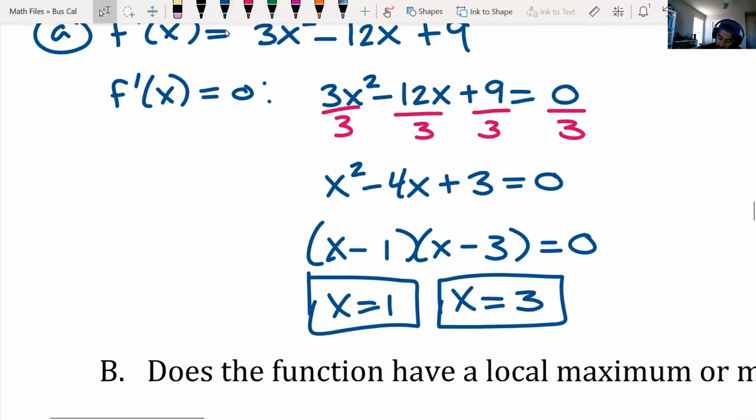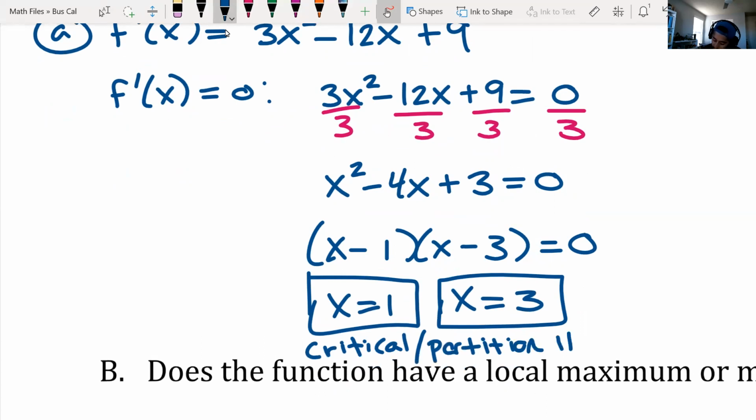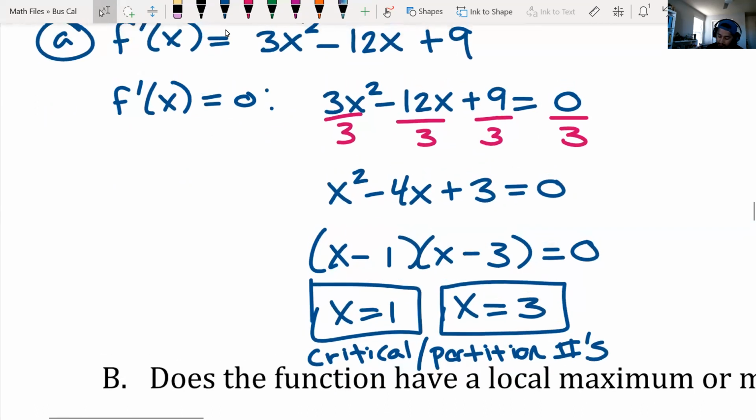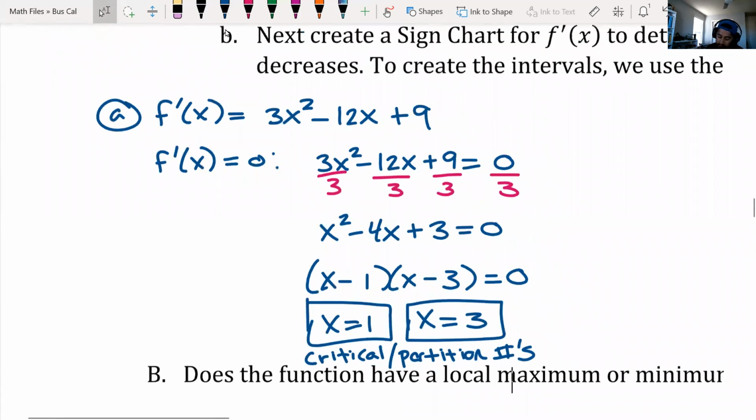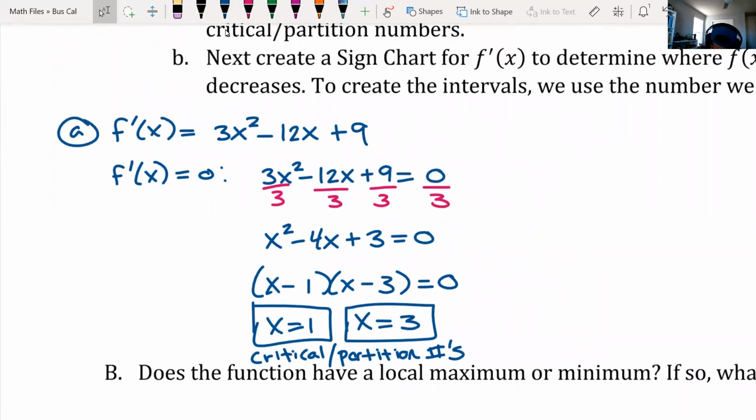And these are now called my critical or partition numbers, which means the next thing we're going to do is plot them on a sign chart. Any questions so far?